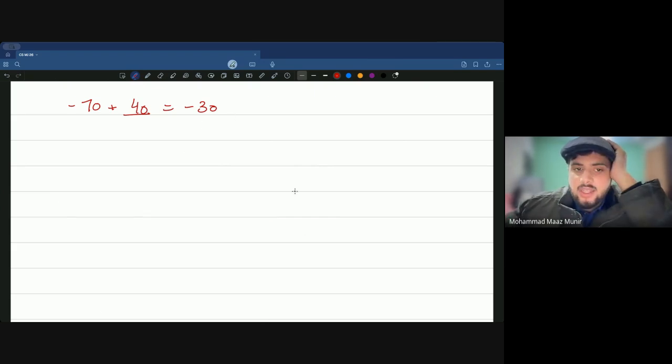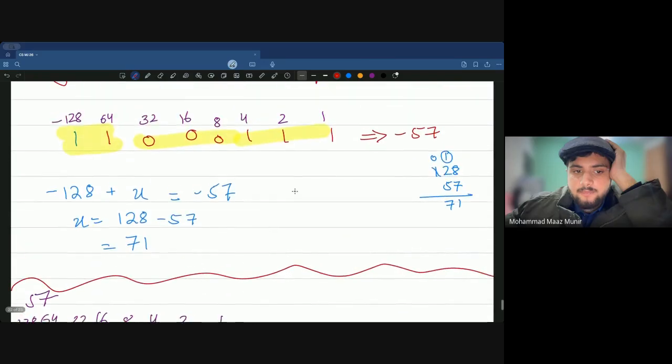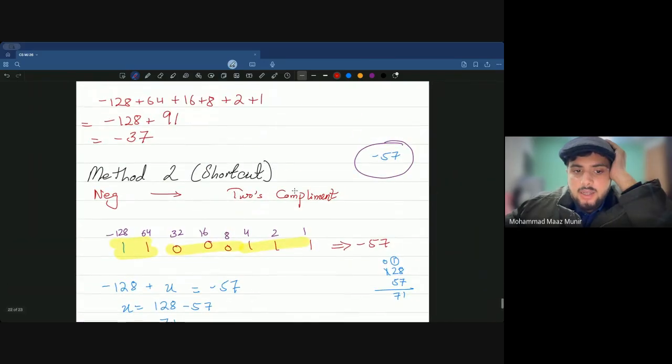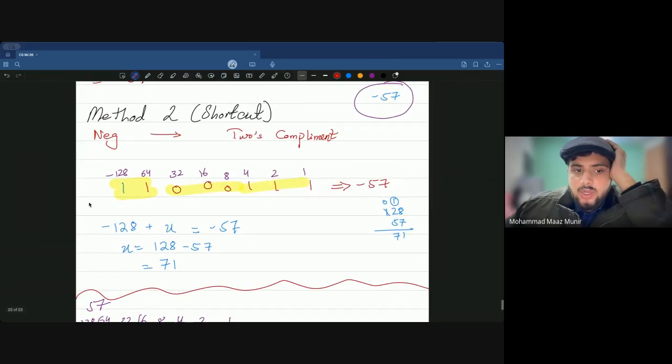Now we are well aware that if I have to represent, let's say, minus 128, this gets this minus 128, but now I need to add something into it, right? I need to add something into this x. I need to add something into this minus 128 so that my final answer is minus 57. So what's that x going to be like?